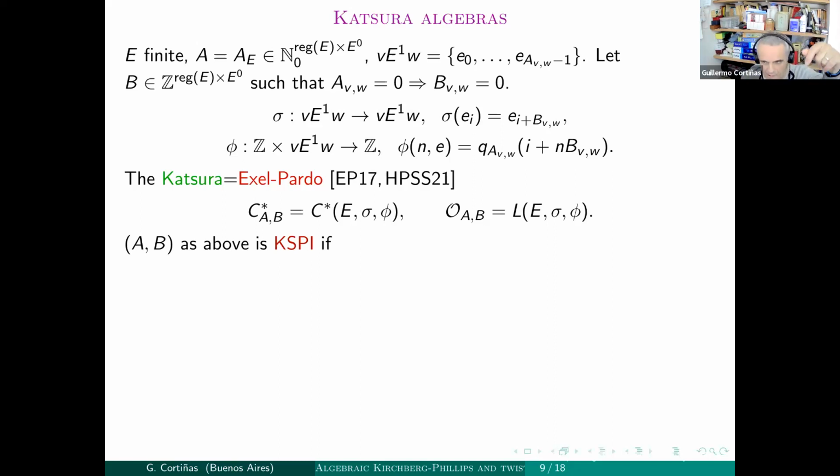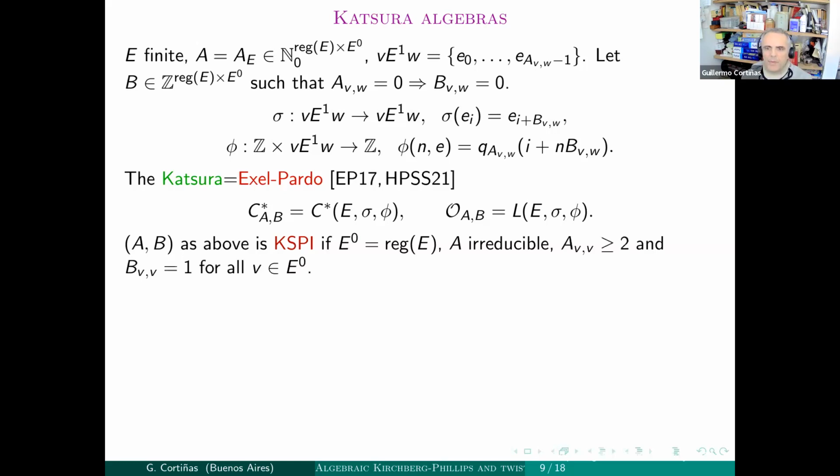This means that it satisfies the Katsura conditions for simple purely infiniteness if, first of all, the graph is regular; second, A is irreducible, which means that some power of A has all positive entries; third, that in the graph every vertex is the base of at least two loops; and that the diagonal of the matrix B consists of ones. That's the condition.